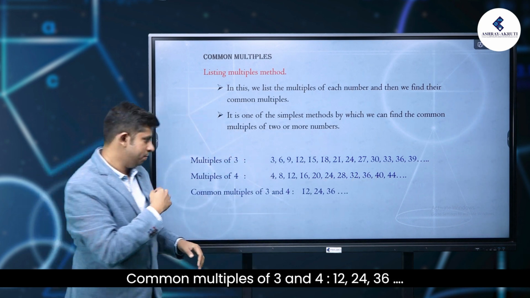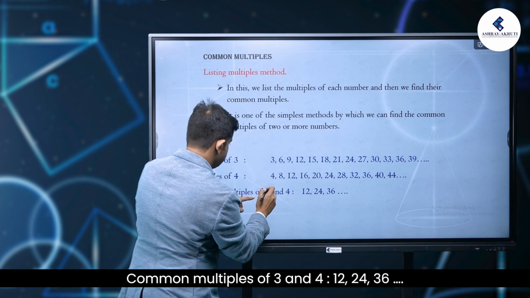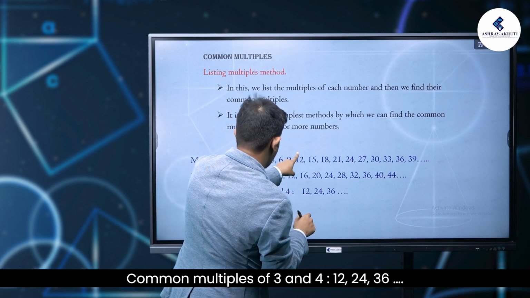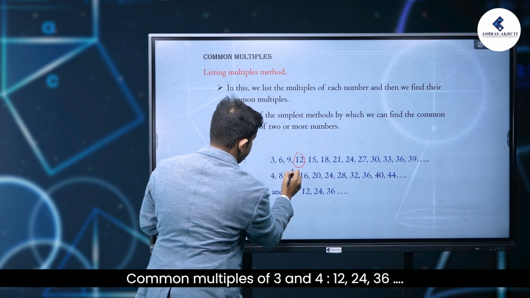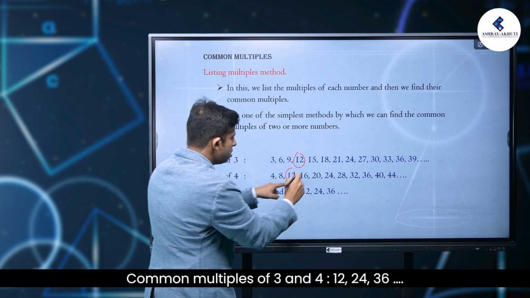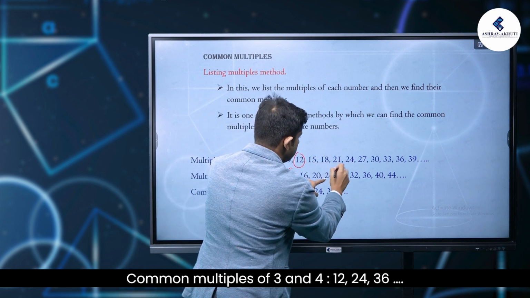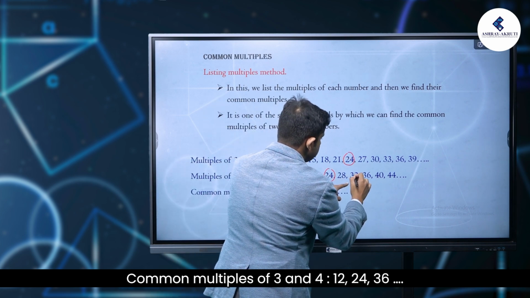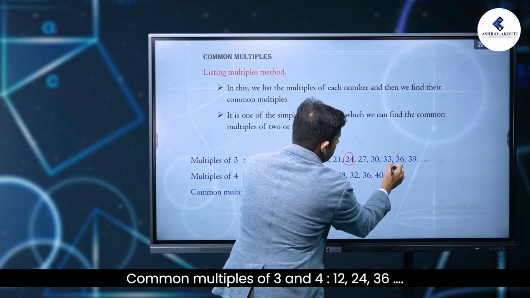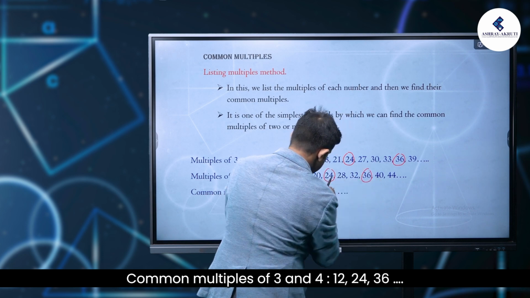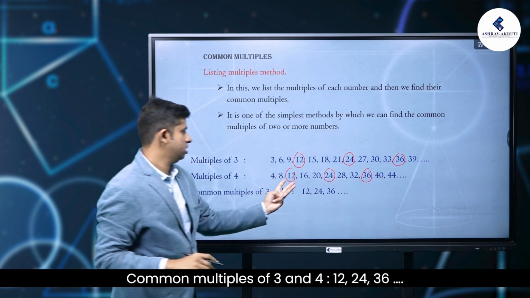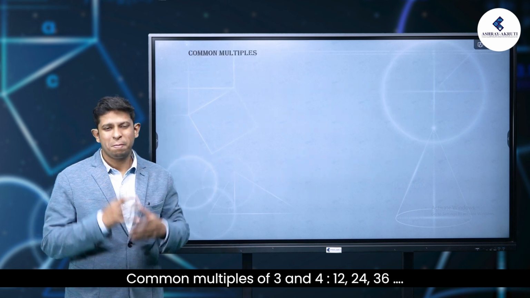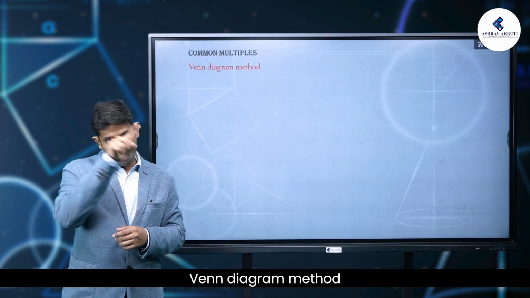Common multiples of 3 and 4 are 12, 24, and 36. And so on.